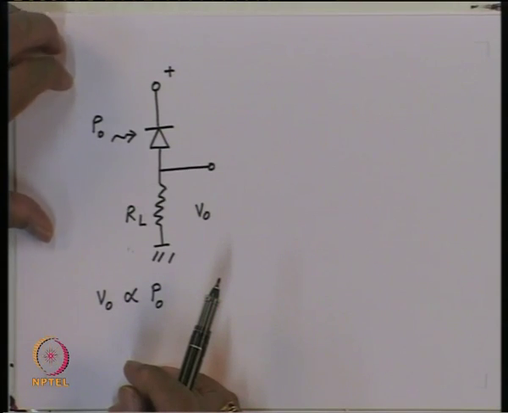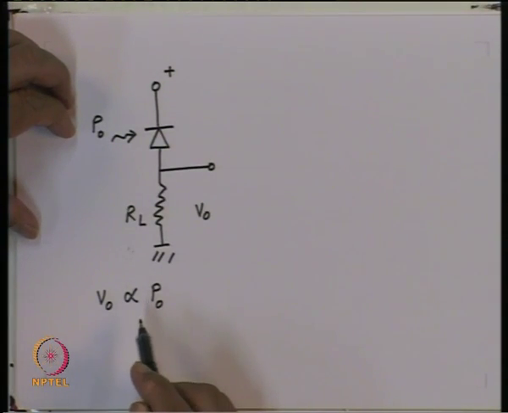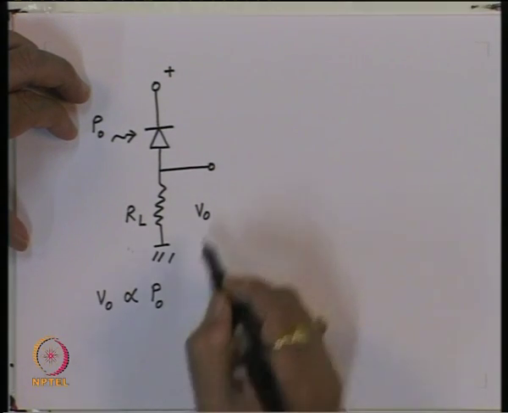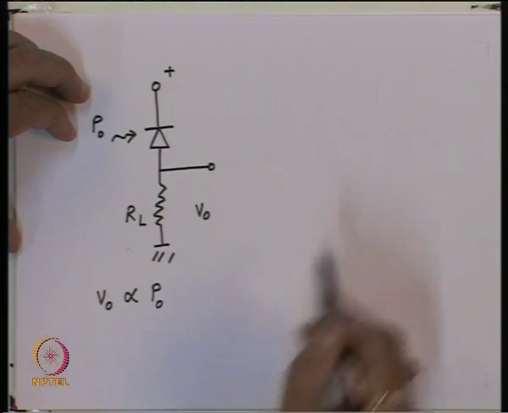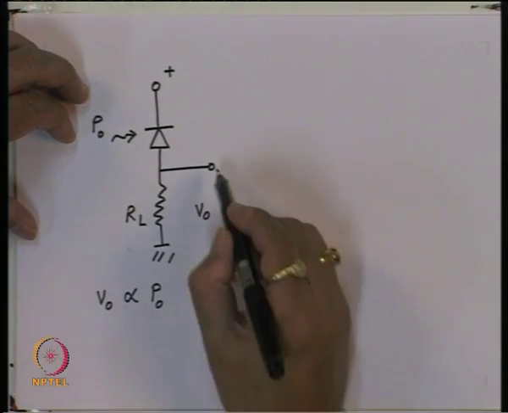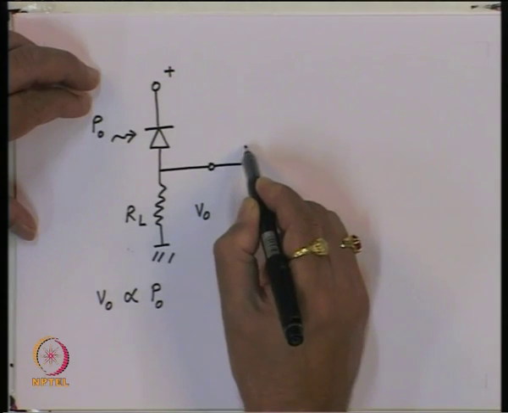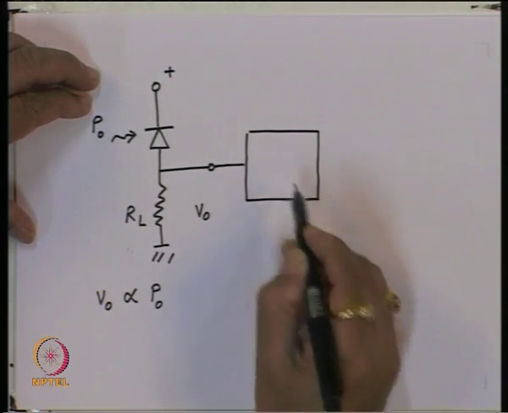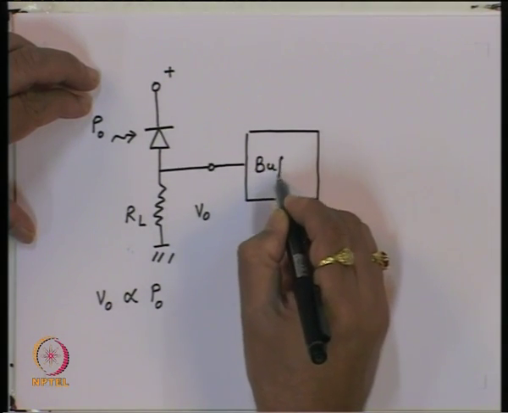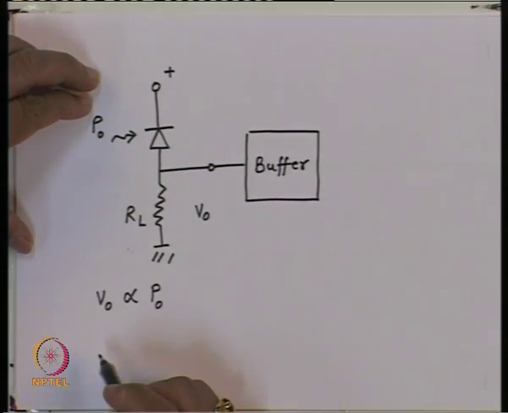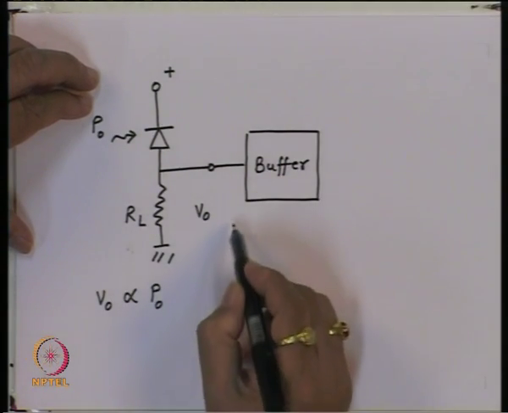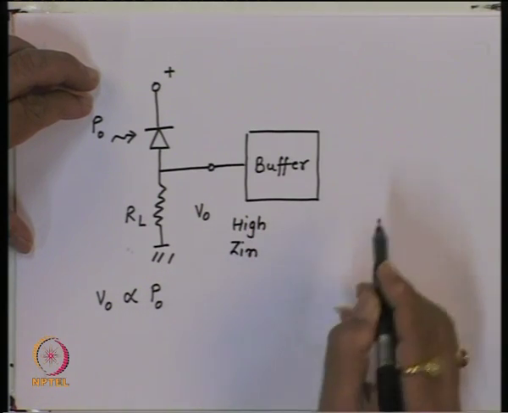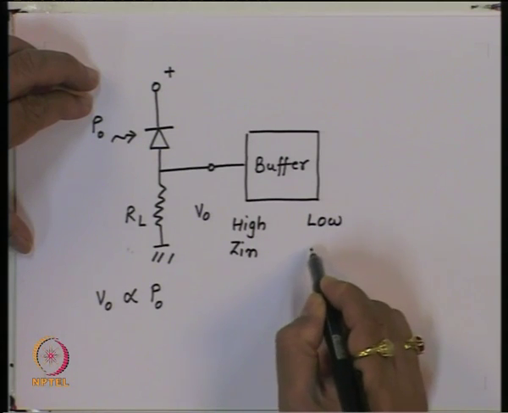And this is what is done by putting in what is called a buffer, which has a very high input impedance but very low output impedance. So we take this output and pass it through a buffer, which has high Zin and low output impedance.